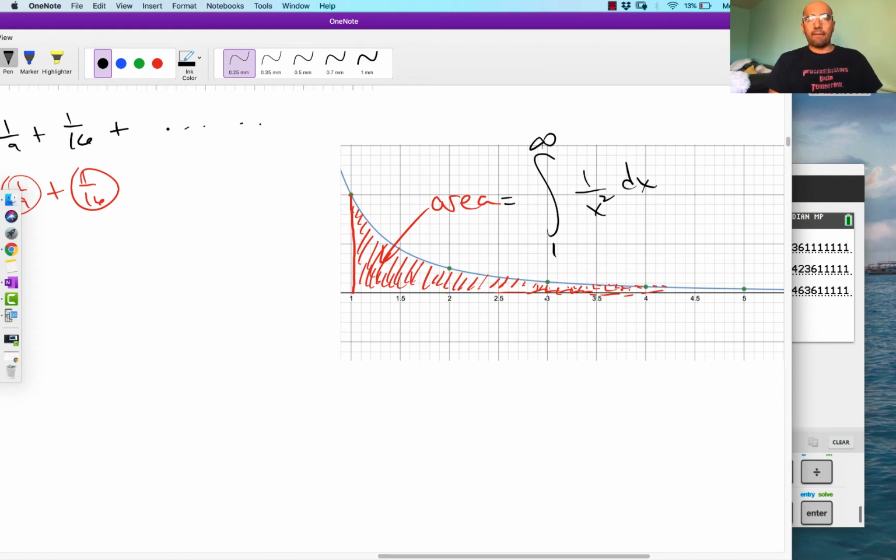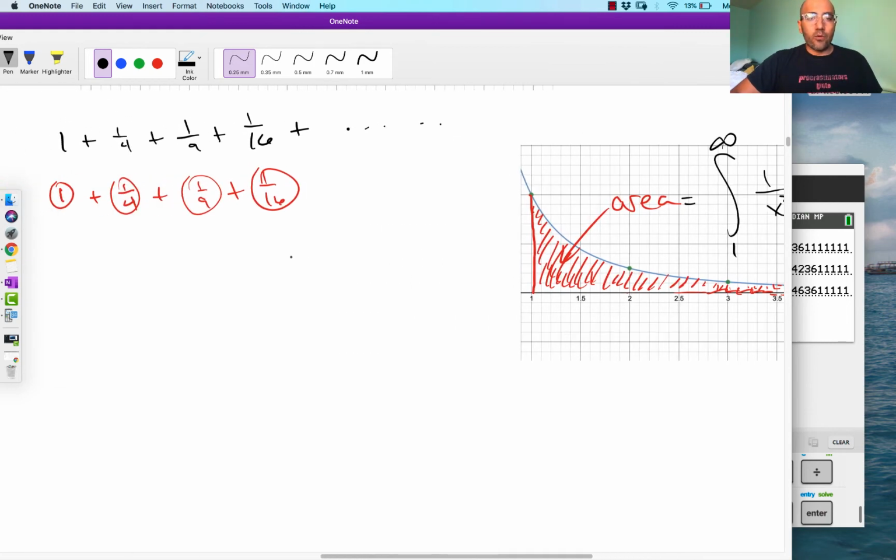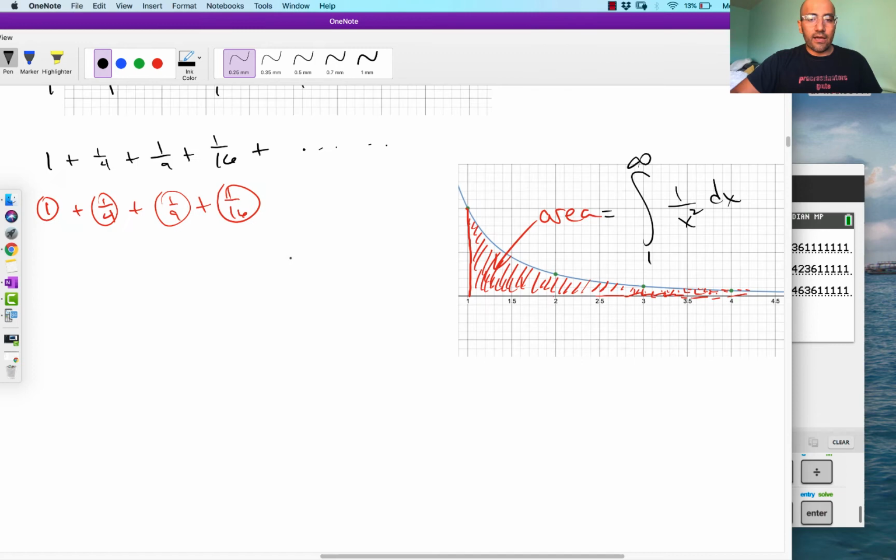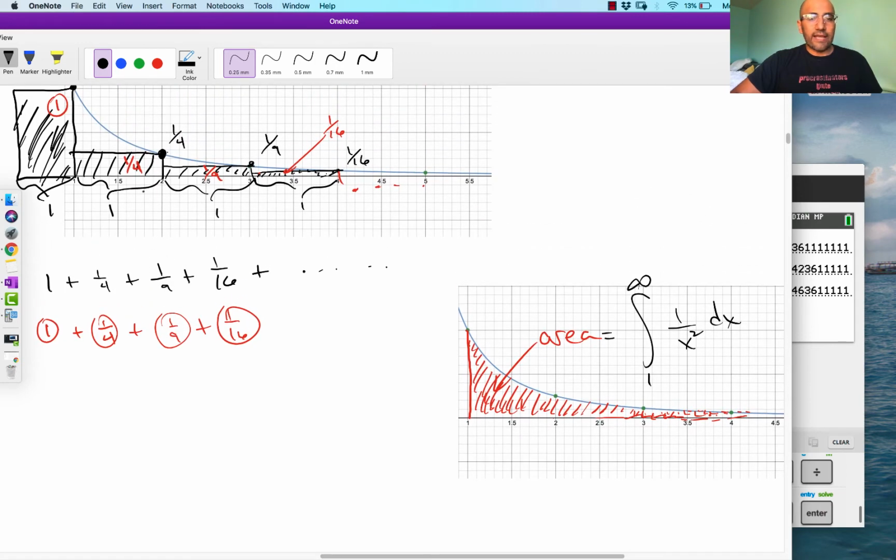Hopefully this is an integral that we are able to integrate. And then that can serve as a very good comparison for what we wanted to find, which is the area of all these little rectangles over here.